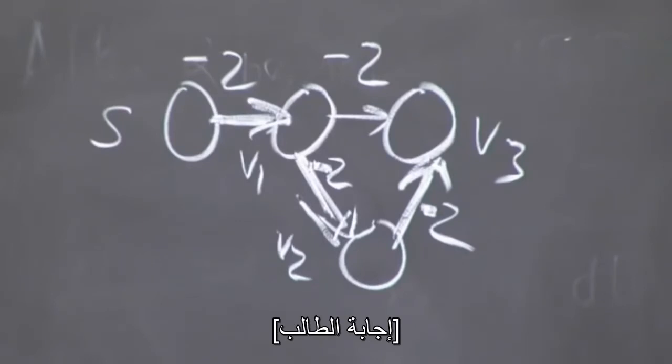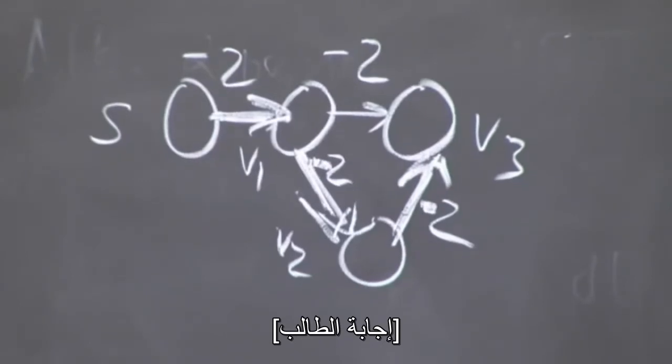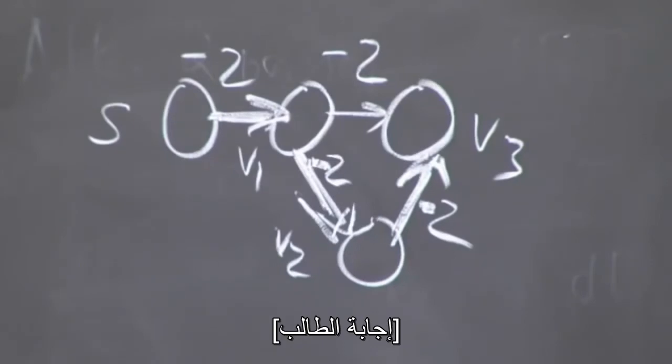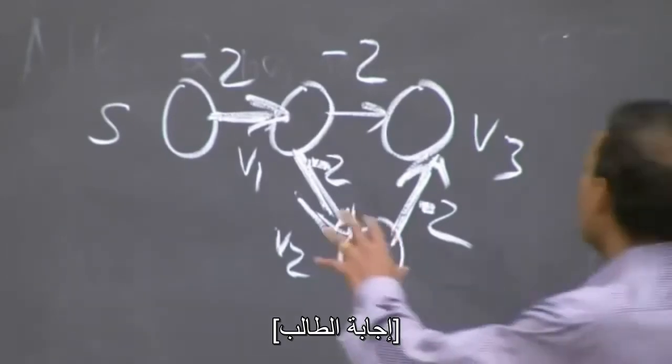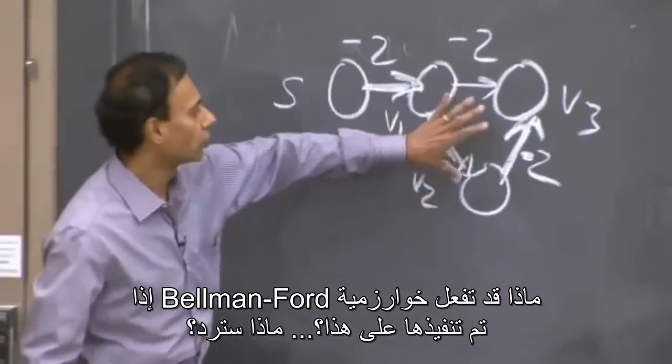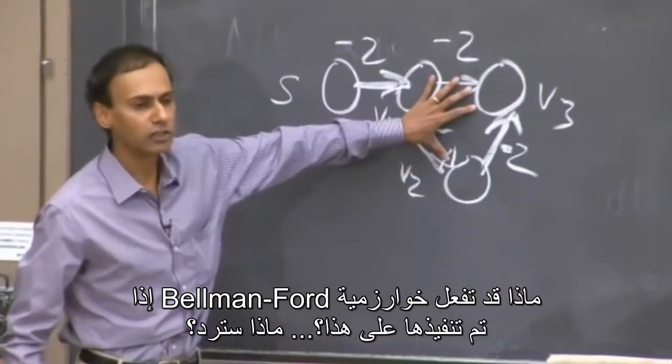Now you can make this shortest path approach on this with the negative values, and then if you take the absolute value, it will give you the longest path. So you think it works? Yeah, it will also detect cycles, so the negative cycles will be the longest path cycles. But I think that's the key question. What would Bellman Ford do when it's run on this? What would it return?